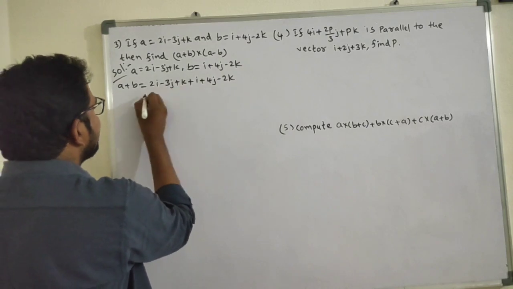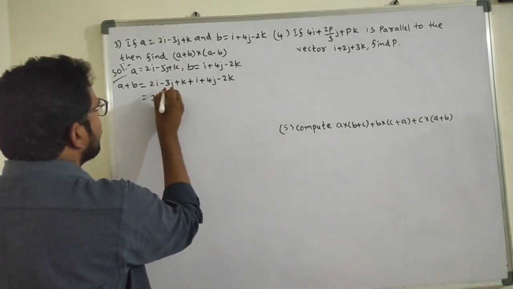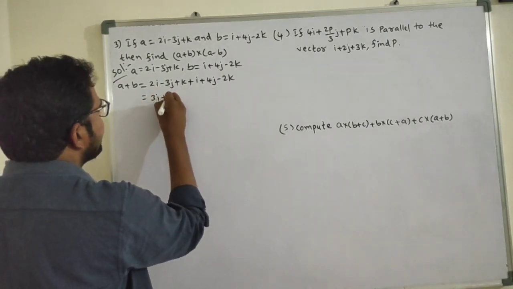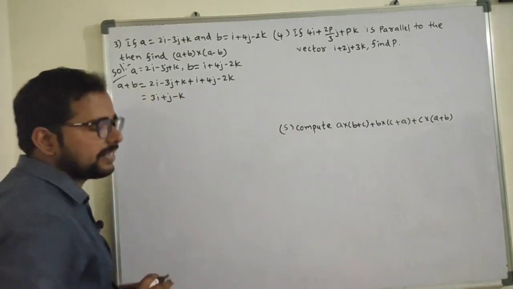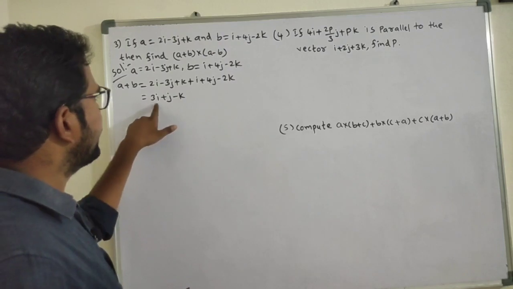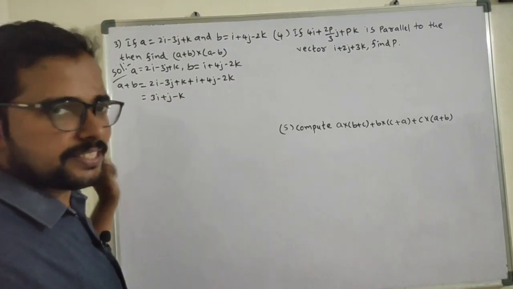So 2i plus i is 3i, minus 3j plus 4j is j, k minus 2k is minus k. This is the A plus B value. A plus B is equal to 3i plus j minus k.